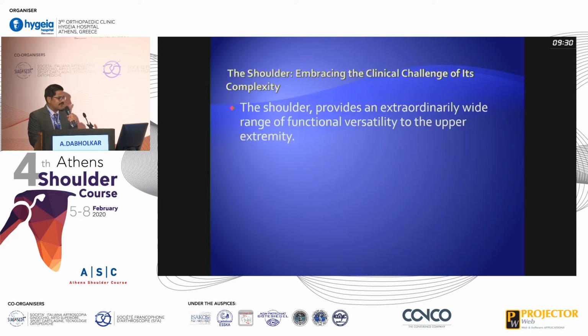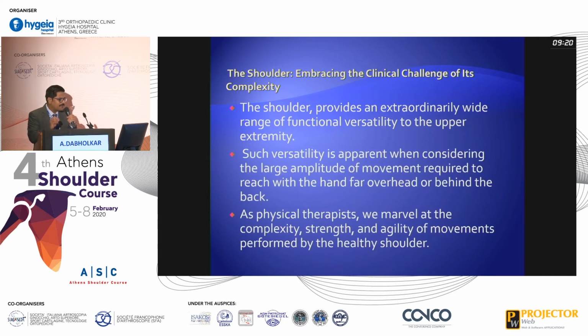So let's embrace the clinical challenge of the shoulder's complexity. The shoulder provides an extraordinarily wide range of functional versatility to the upper limb. Such versatility is apparent when considering the large amplitude of movement, like reaching or touching your hand towards the back. As physical therapists, we marvel at the complexity, strength, and agility of the movements performed by the healthy shoulder.